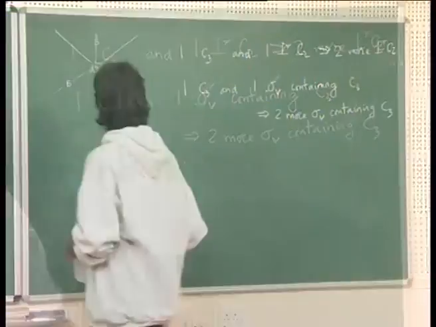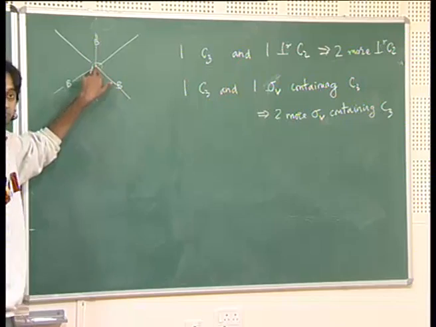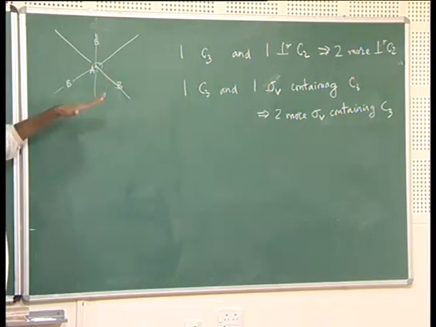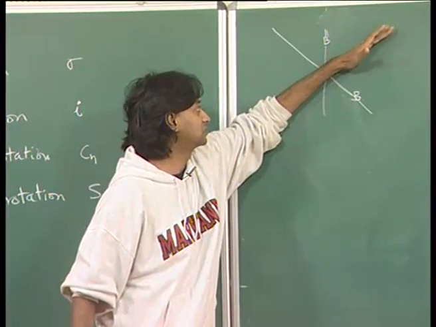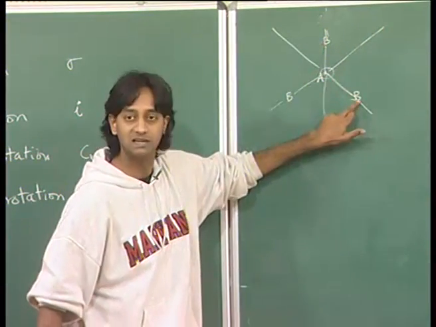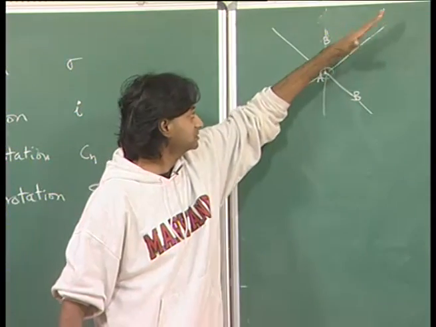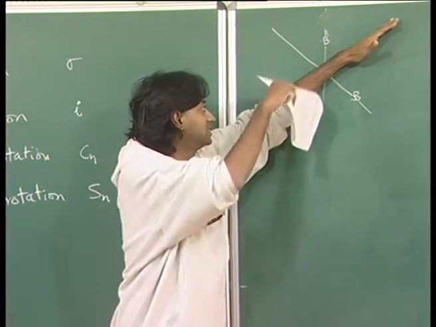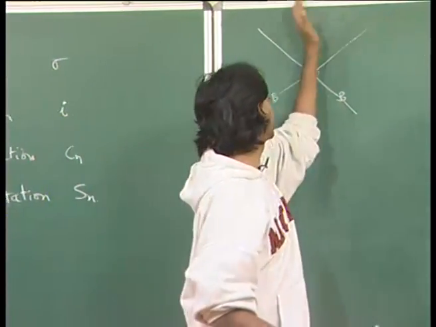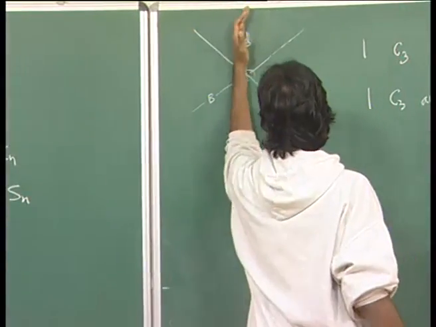In the sense, C3 is perpendicular to the plane of the board. Okay, so this is a sigma V that contains C3. This is a sigma V because if you reflect about this, then this B gets moved to this B. So if you have one sigma V and you have the C3, then you can generate another sigma V and a third sigma V.